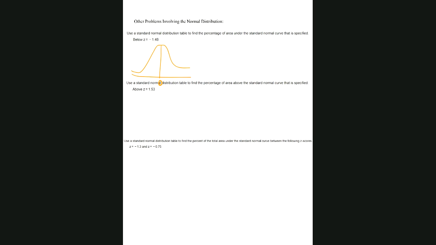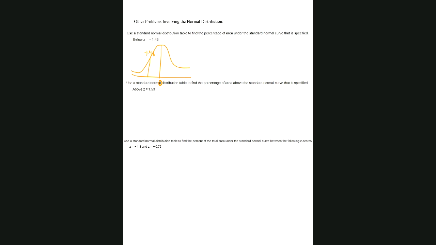That means that negative 148 is somewhere over here. So I want to find the number of data values that's below this, so I want to find the data values here.